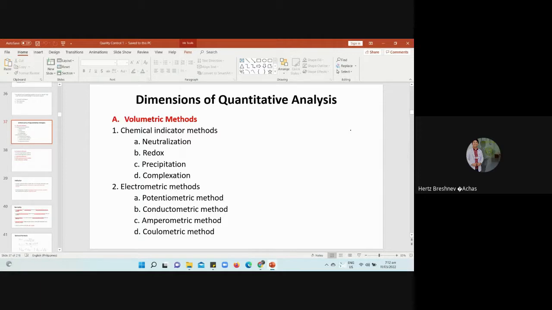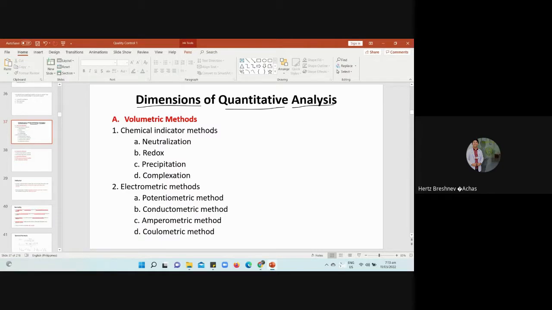How are we going to translate our skills developed and knowledge gained into real practice? So now, we will discuss the dimensions of quantitative analysis.